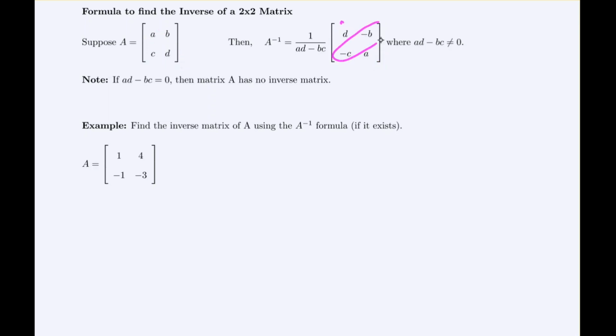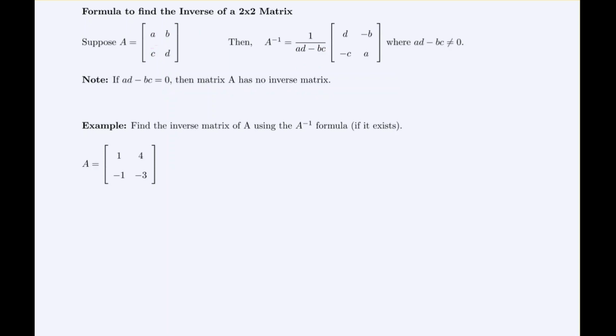And on the off diagonal, we just apply a negative sign. So whatever was positive originally becomes negative, whatever was negative originally becomes positive. And that's the way you can find the inverse matrix. Now, if when you calculate AD minus BC you get 0, what that means is the matrix has no inverse matrix.